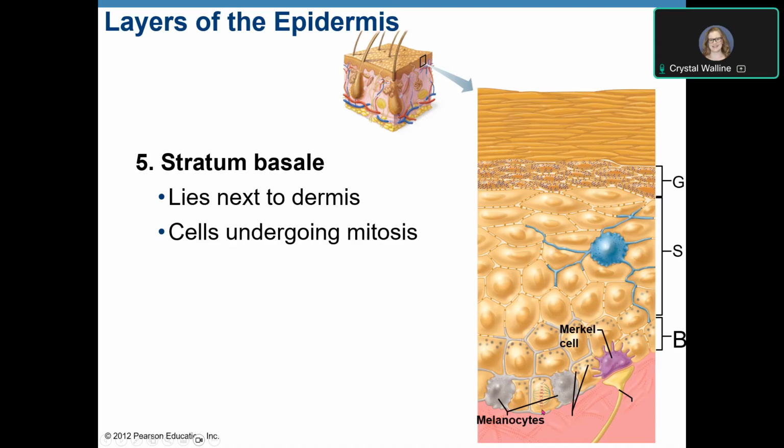As the cells go through mitosis, they get pushed up into these upper, more superficial layers, and they continue to keep pushing up and rising and going through all these changes and all these processes.